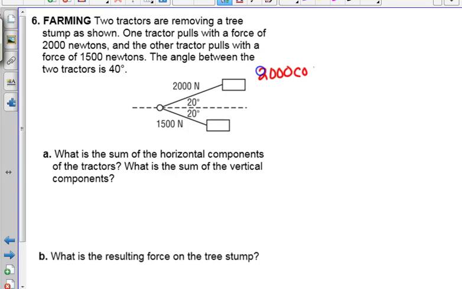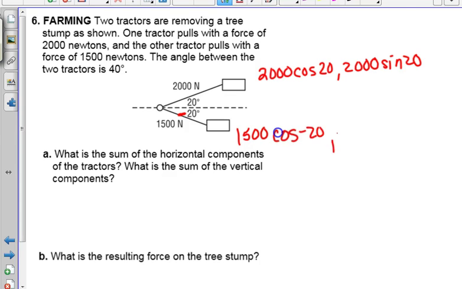2,000 cosine of 20, 2,000 sine of 20. But you've got to do something different down here. What's different down here? 1,500, but you've got to do something else different. Got to use negative 20, otherwise you're going to end up adding things that are not pulling the same direction. Okay, what is the sum of the horizontal components? What is the sum of the vertical components?